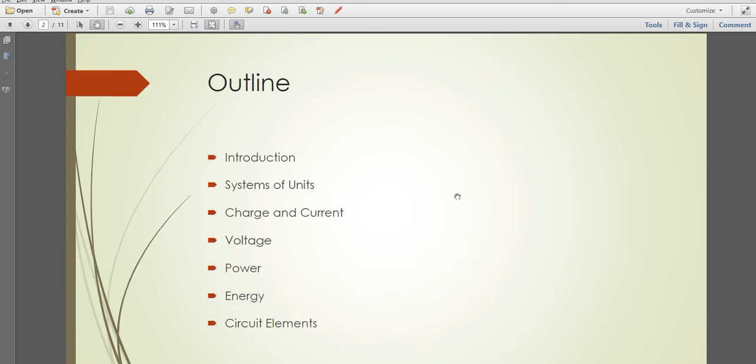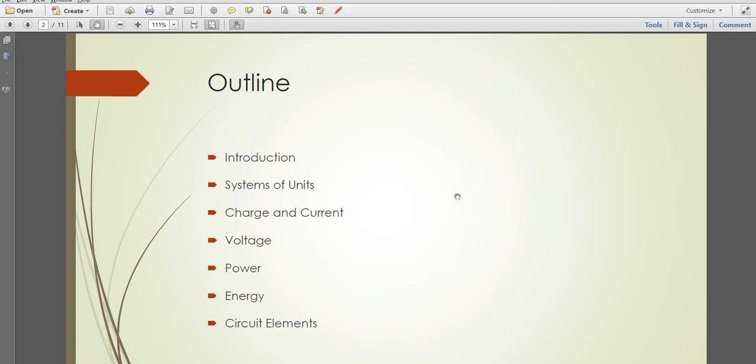The outline for this presentation: I'm going to introduce electric circuits in general, talk about the systems of units to be used, and after that talk about electric charge, define the electric charge and current, define the voltage, and do some exercises for those three basic components: electric charge, current, and voltage.